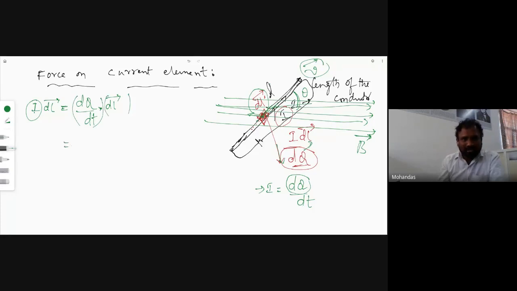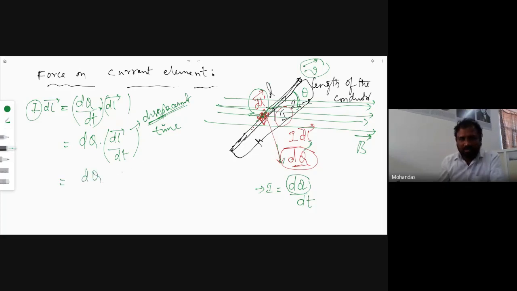dq by dt into L, which is equal to, I'm doing some modification here, dq into dl by dt. What is the dl here? Differential length or displacement. Displacement or a distance. Displacement by time or distance by time. As per our physics basics, what is the displacement or distance by time? Velocity.